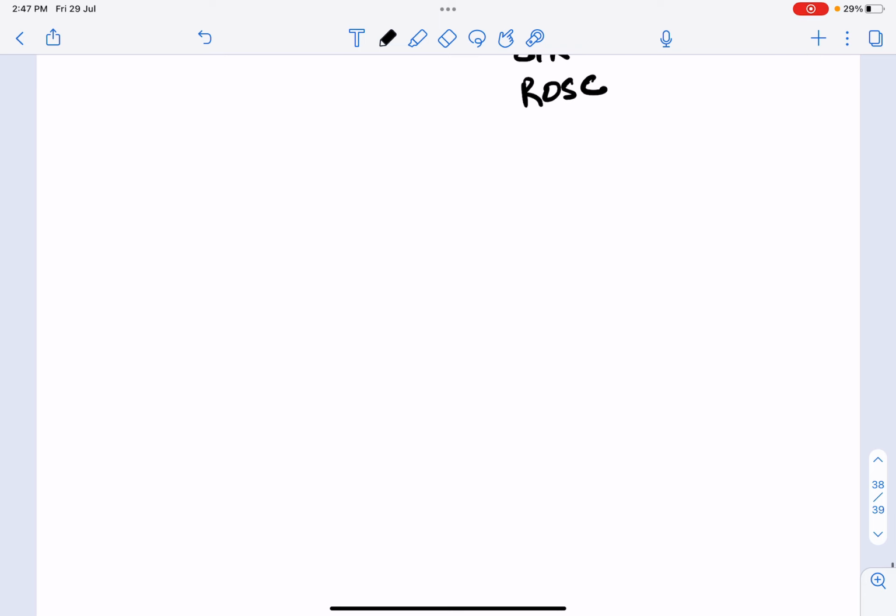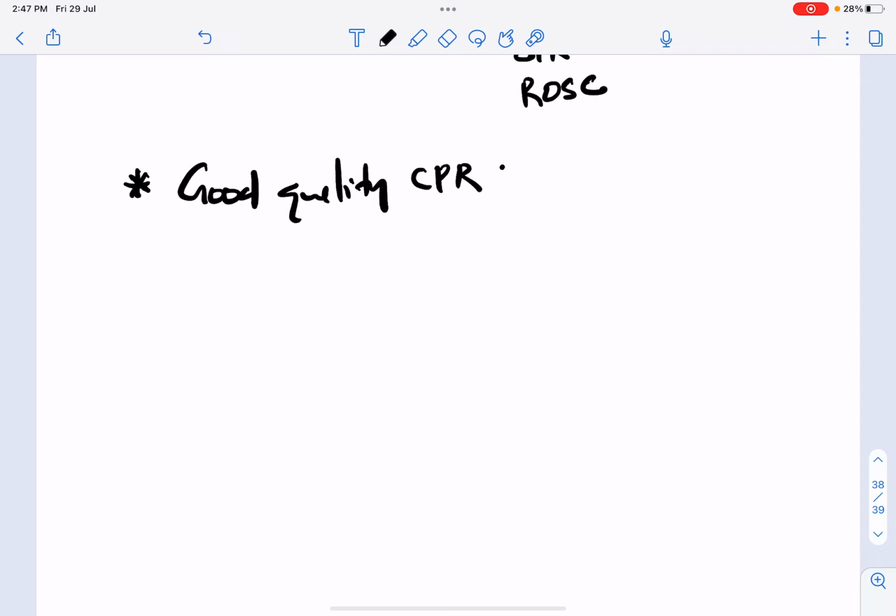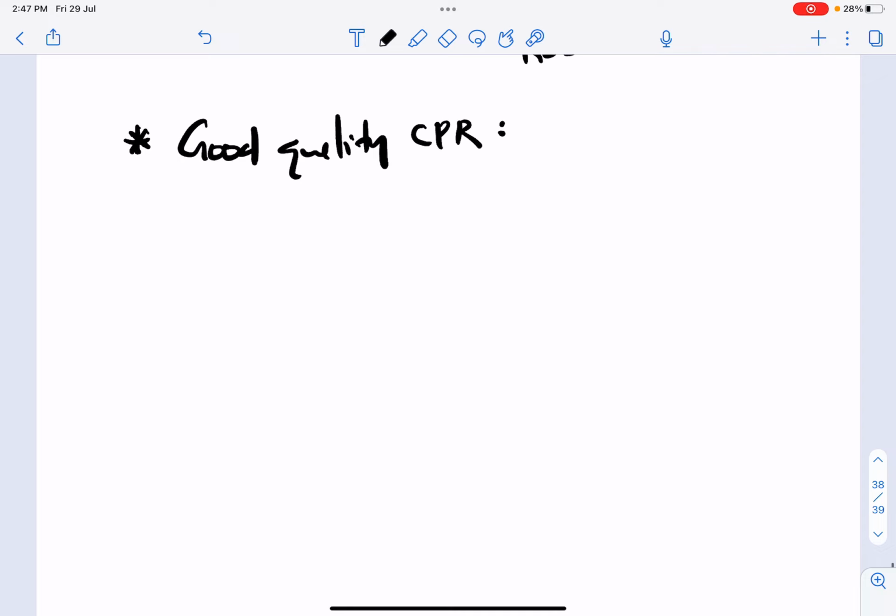Now, a few points about how to deliver CPR. How can you give good quality CPR? The first rule is push hard and push fast.